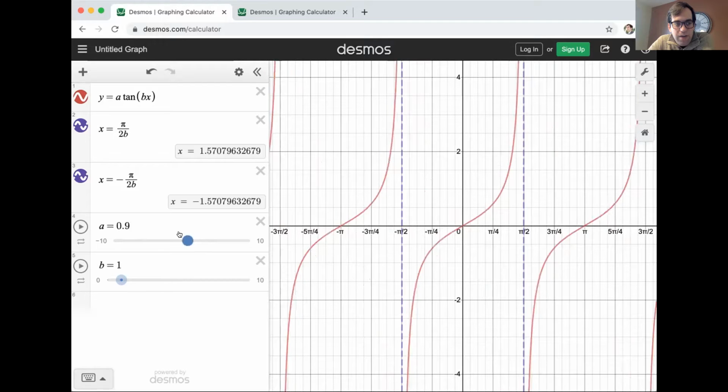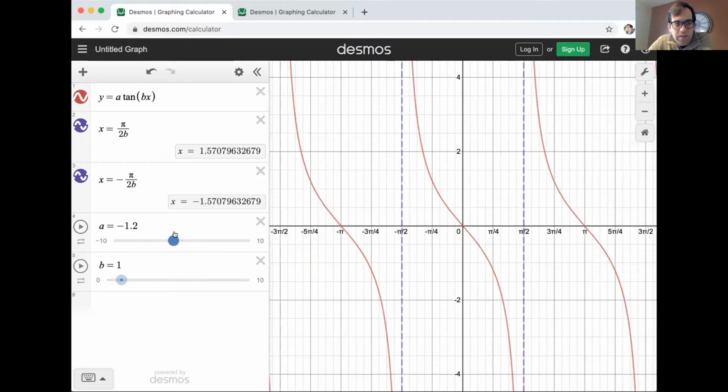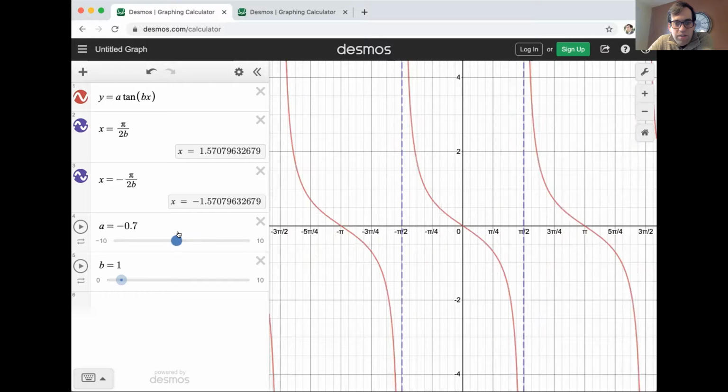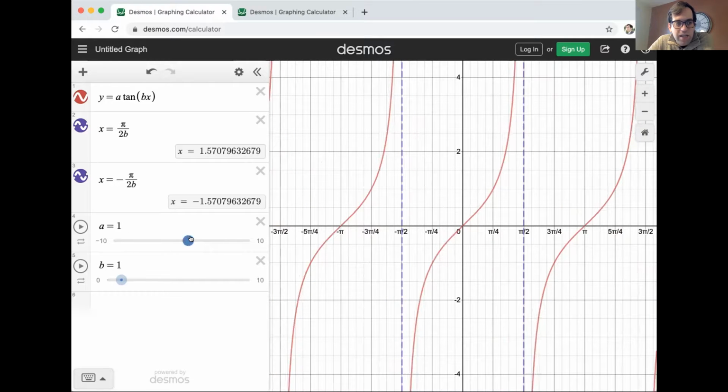If I have A of -1, you can see the whole thing flips upside down. None of this is changing the period, right? From negative pi over 2 to pi over 2 didn't change when I changed A. So A is just stretching. We're used to A stretching vertically, the amplitude for a wave stretched or compressed vertically. For a tangent function, we don't really have something called an amplitude because this isn't a wave function. So we're just going to call it a vertical stretch or shrink.